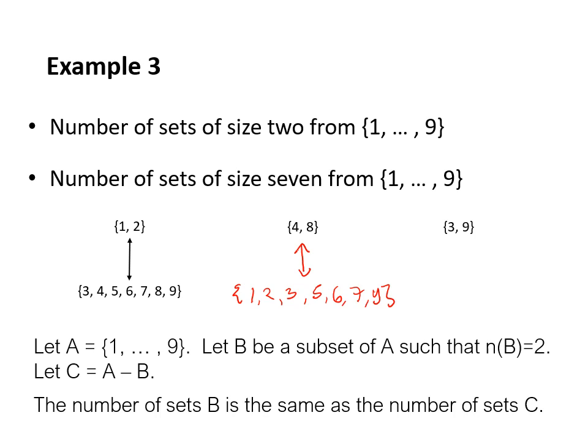So if we let set A be equal to this set of digits, and B be a subset of A such that the number of elements in B is 2, then C is equal to A minus B, and the number of subsets B is the same as the number of subsets C. So this is how we set up the combinatorial equivalence in this case.